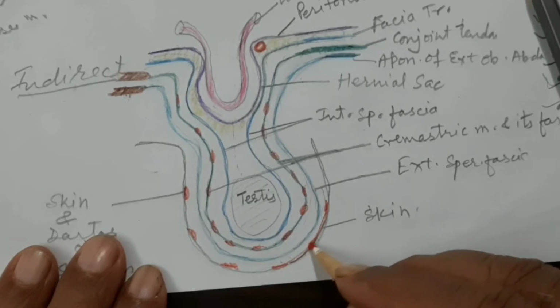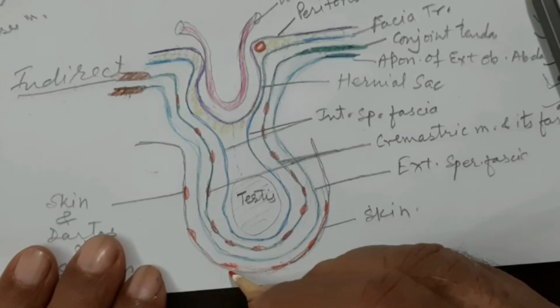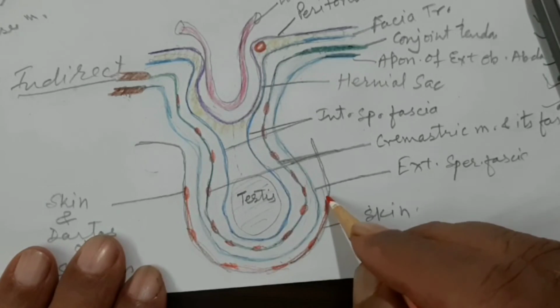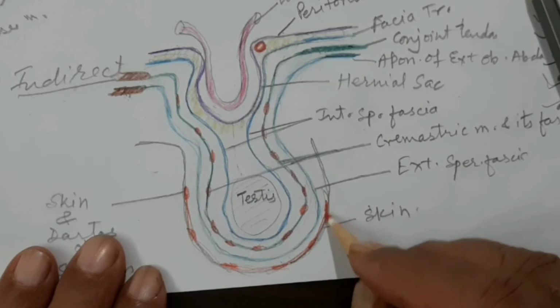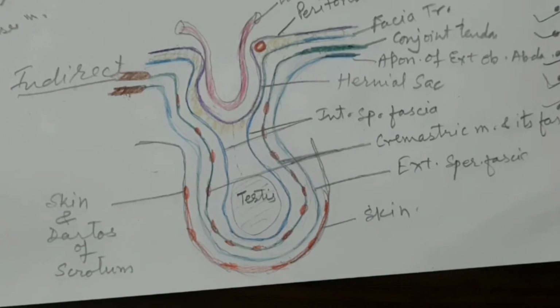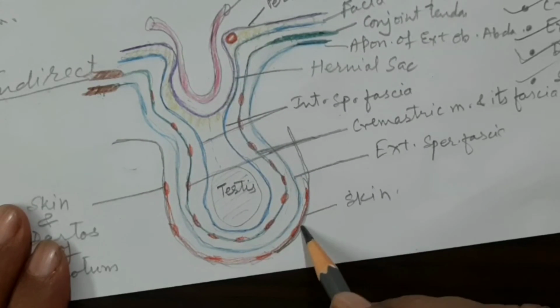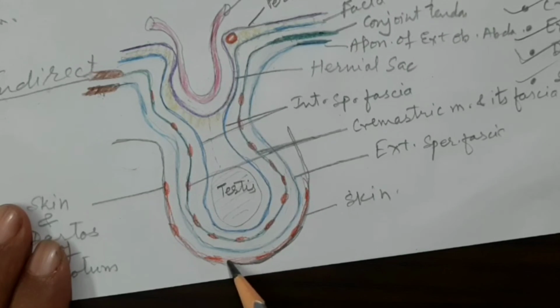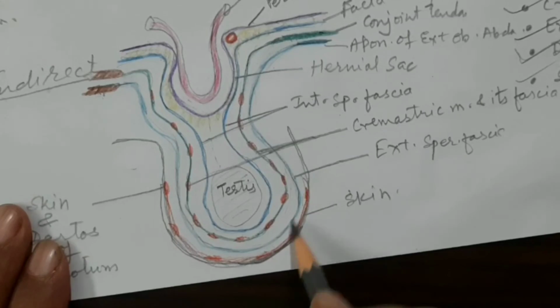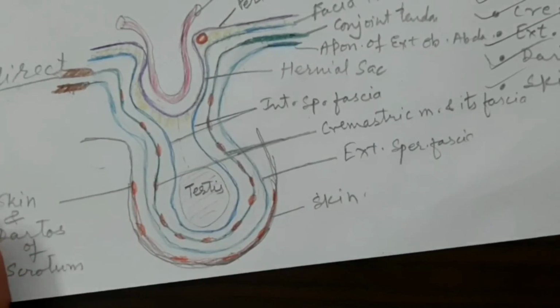Sometimes patchy, sometimes continuous. In the upper part it is patchy, while in the bottom it is a continuous sheet. So this is the dartos muscle I have drawn, and it is lying deep to the skin because the dartos is a subcutaneous muscle. So this is the skin.